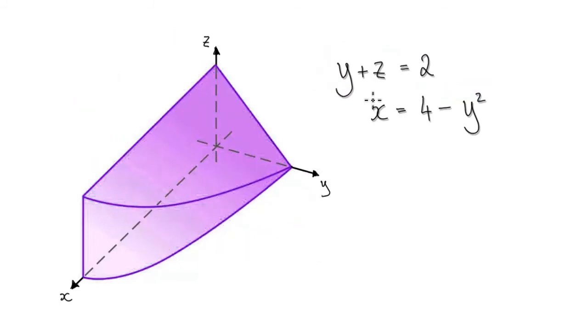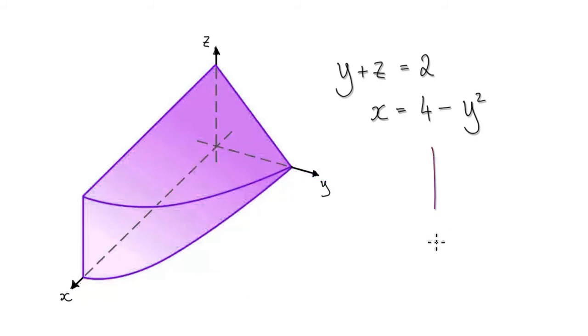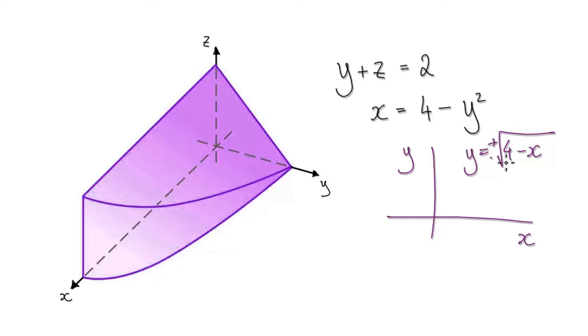Now consider this surface. Consider the y-x plane. Imagine you've got a horizontal sheet of paper here. Normally we would draw a graph looking like this, y-x. We would normally make y the subject, so it looks like 4 minus x, and then you square root, you get the positive version and the negative version.